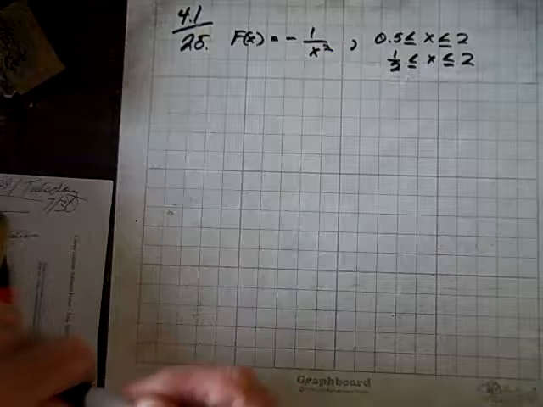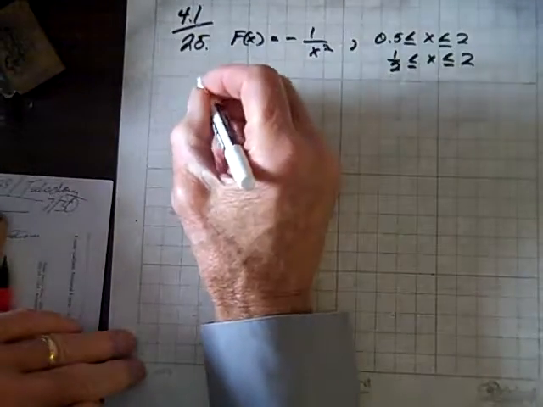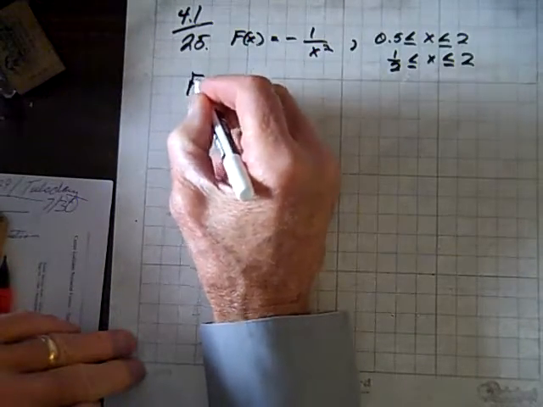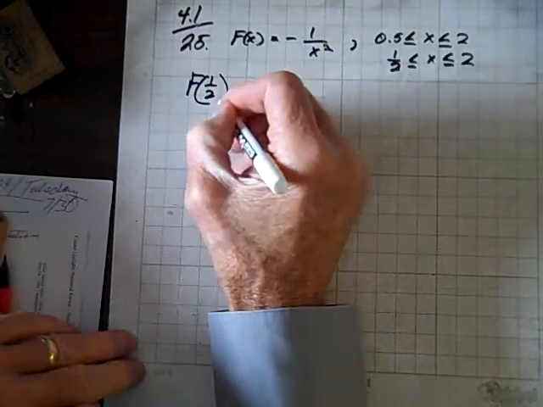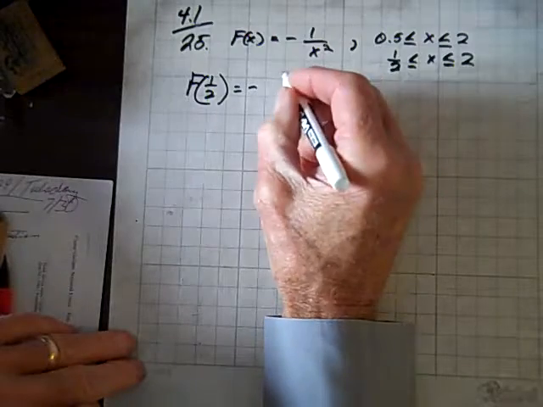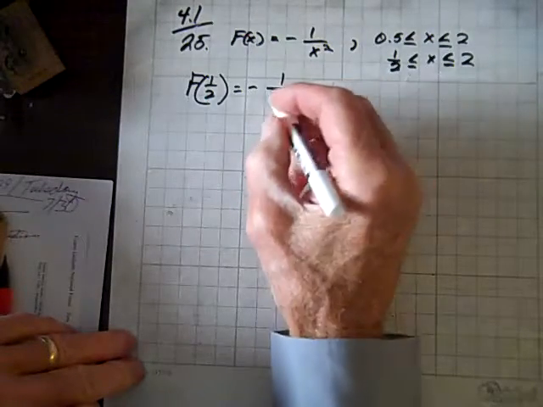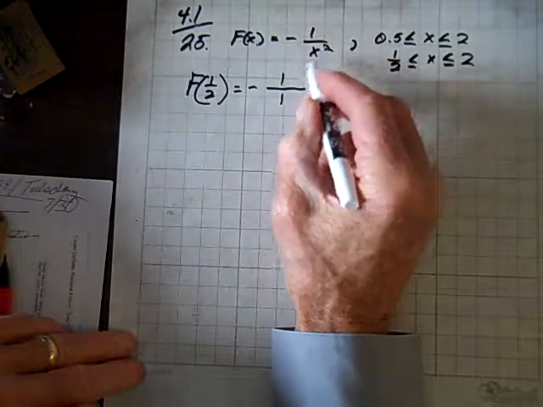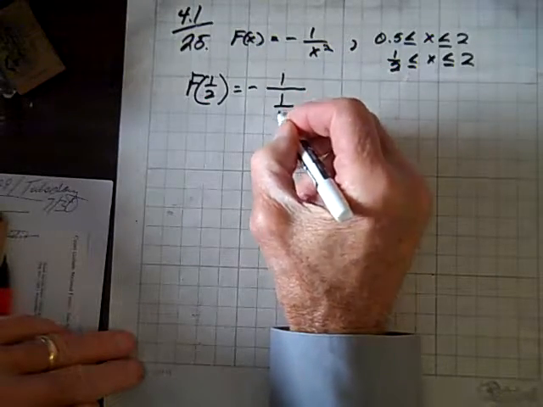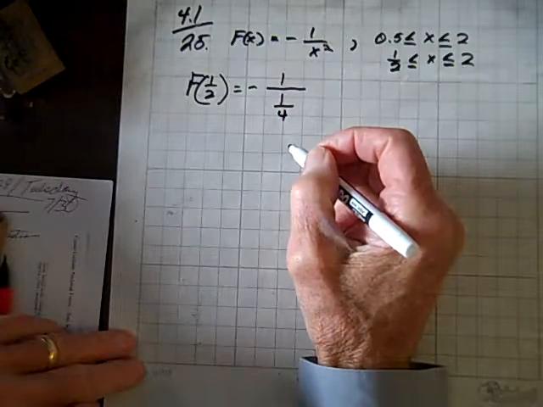So let's evaluate the endpoints. And so f of 1/2 equals negative 1 over, and if I put a 1/2 in here and square it, it's going to become 1/4.